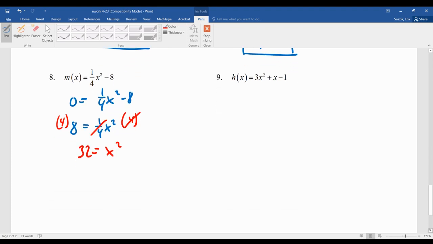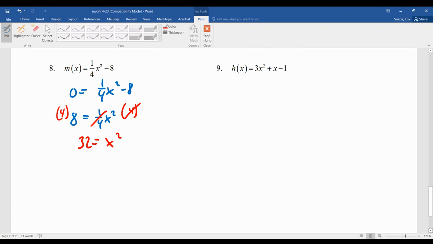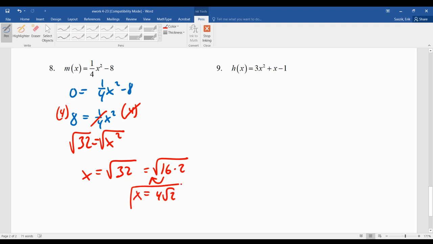Now we're going to pull on some of your skills that we just did in the last unit. Remember, we have to take the square root of both sides now to get our answer. And so x equals the square root of 32, but we can simplify that. Biggest perfect square that goes into that is 16. Goes into that twice. So we actually get an answer of 4 root 2.